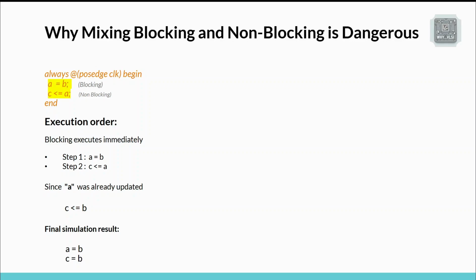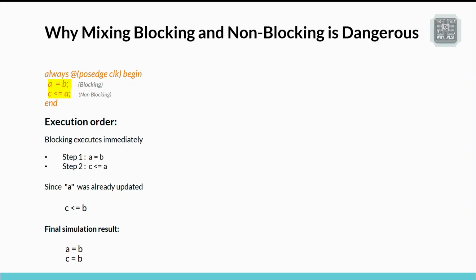Next, we have a non-blocking assignment where C is assigned the value of A, but since A was already updated in the previous line, C now receives B. So during simulation, both A and C appear to get the value of B.